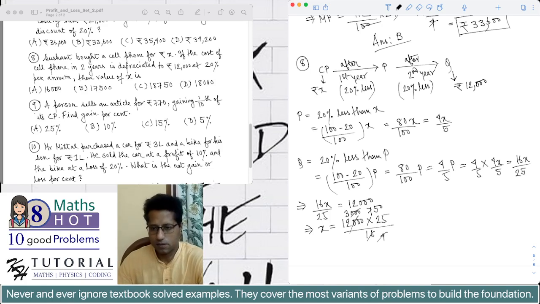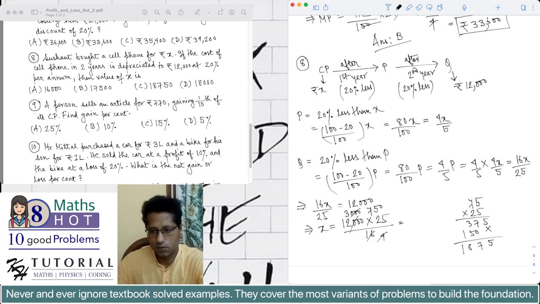So what is 750 multiplied by 25? So let's find out what is 75 multiplied by 25. 25, 37, 150, 5781.